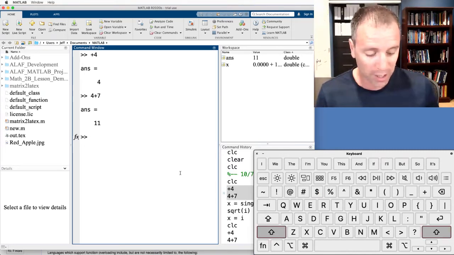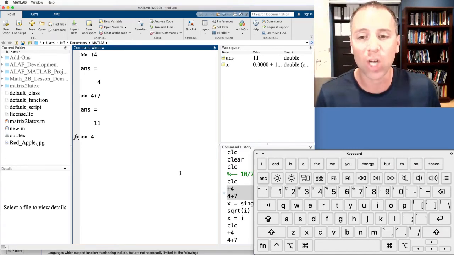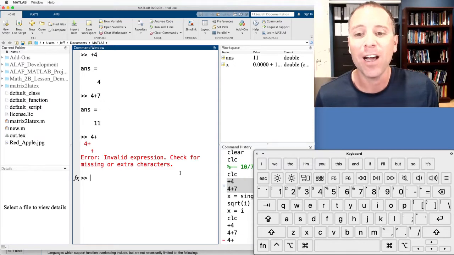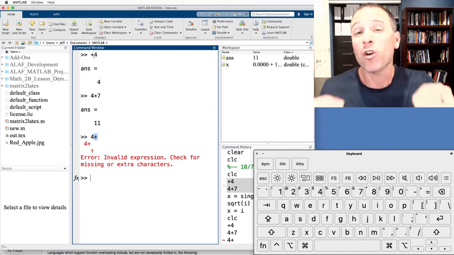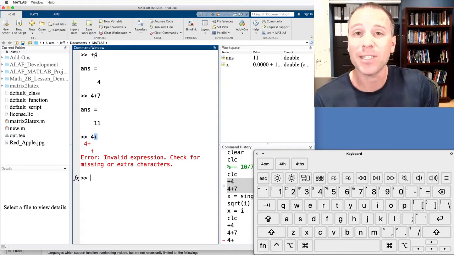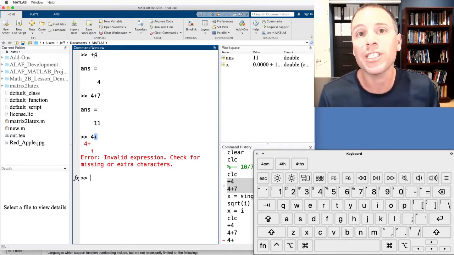Notice in this situation that I can't put a plus on the right-hand side of a number. That's actually an error, and that's because that operator is not defined for having a left argument. So even though it's an overloaded operator, it's used for different purposes, even though it's the same sign. It does have special syntax requirements, special ways that we type it.